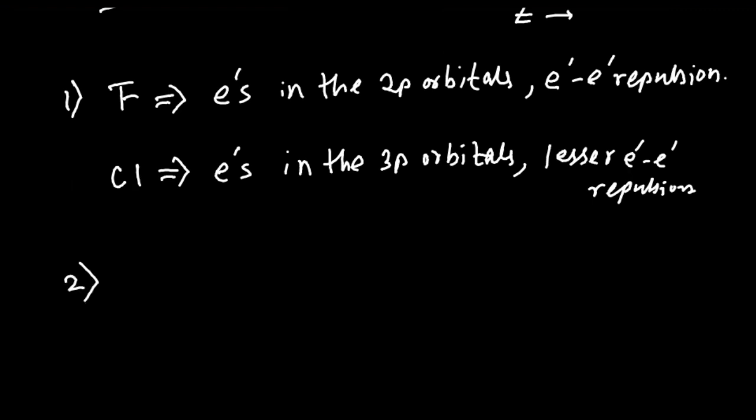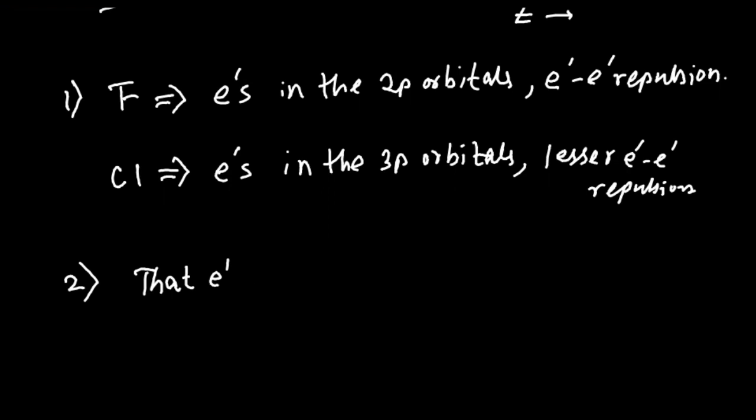Okay, another factor lies here: when electrons are being accepted in the 3p orbital of chlorine, that electron can take part in delocalization.